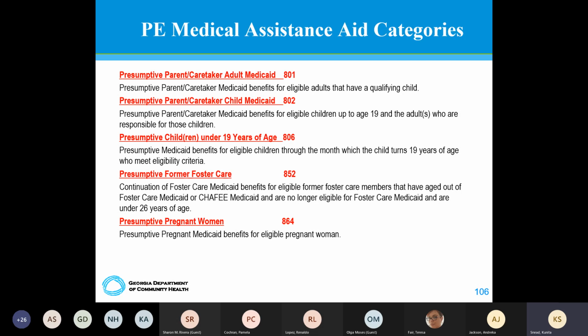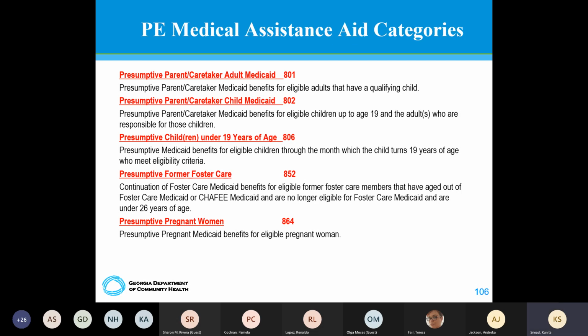So if they are eligible, like the last example that we just went over, Mercedes and Bam, when you get ready to add them to GAMIS, Mercedes, you're going to put her in the adult of the parent caretaker, which is 801. And then you're going to put Bam, still in parent caretaker, but in the child parent caretaker, which is 802.